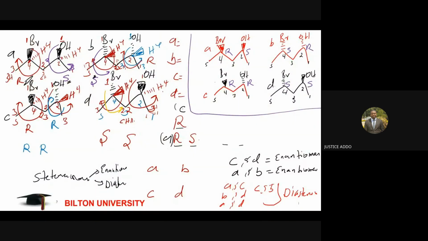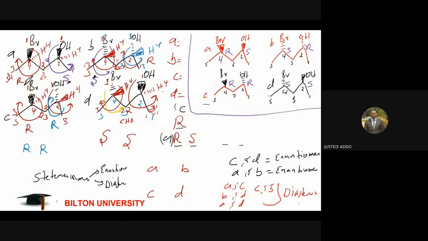If you look at C and D, carbon number 4 is changing from R to S, and in carbon number 2 it changes from R to S. When two chiral carbons change completely their configuration, they become enantiomers. Just like in A and B, carbon number 4 changes from R in A to S in B, and carbon number 2 changes from S in A to R in B.